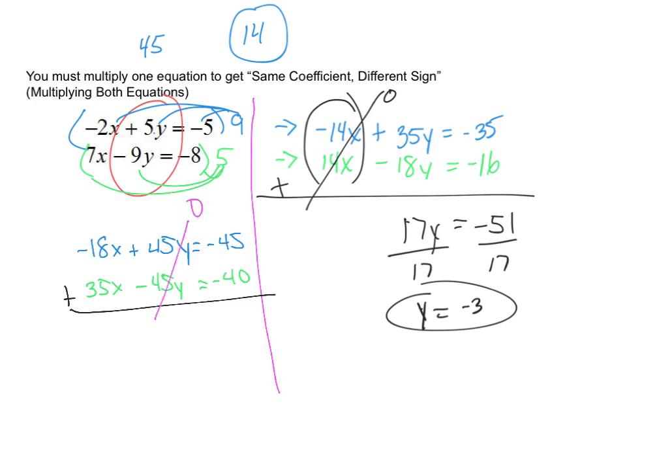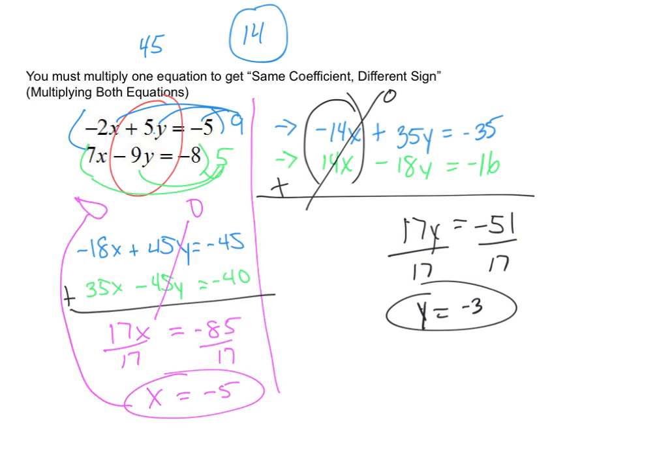It's going to give me 0. Then I'm going to be left with 17x equals negative 85. When I go ahead and divide both sides by 17, x is going to equal negative 5. And then I would do vice versa. I would plug in to find y.